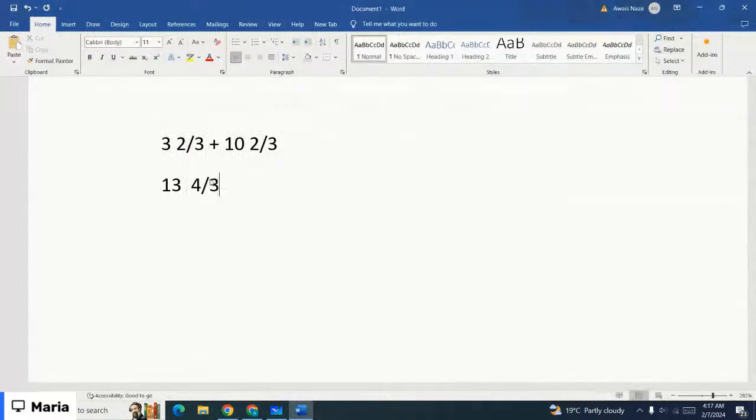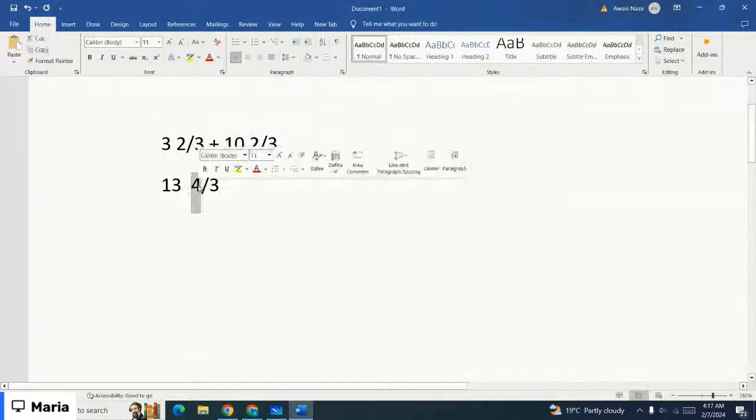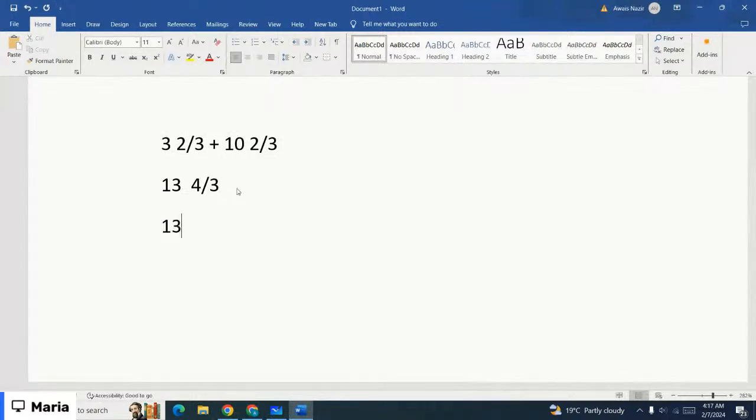But just look here. 4 is greater than 3, isn't it? So you can break the 4 as 3 plus 1 over 3. Then you can write it as 13 whole 3 over 3 plus 1 over 3.